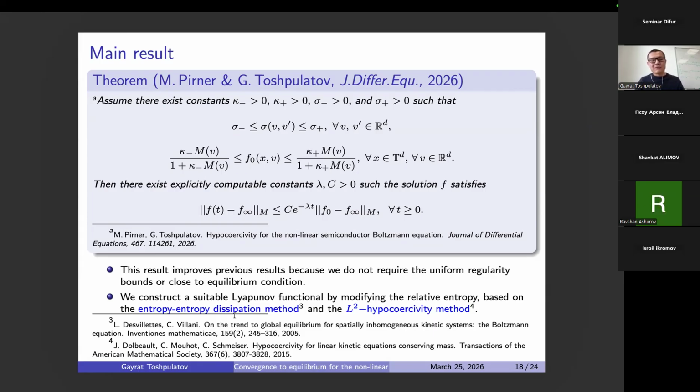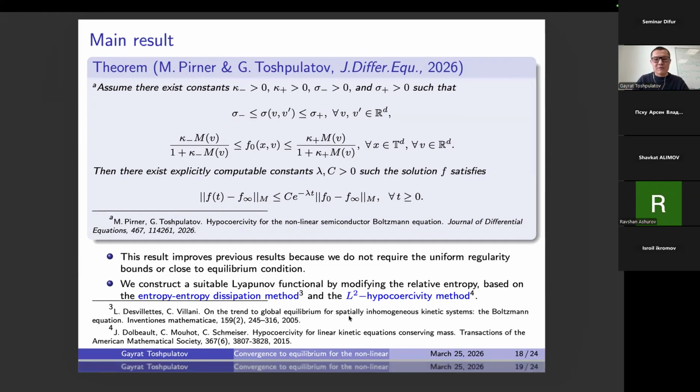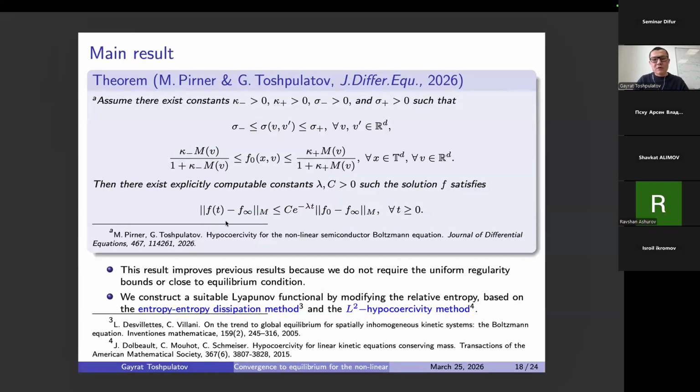You may not be aware, but we have combined another method, and by combining that we managed to construct a nice Lyapunov functional. Certainly also from Münster University too? Yes.